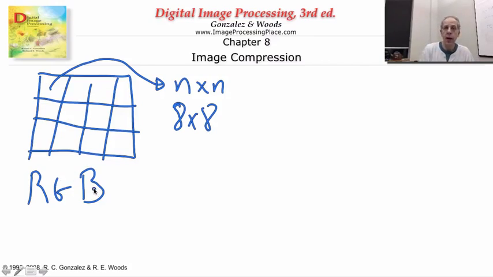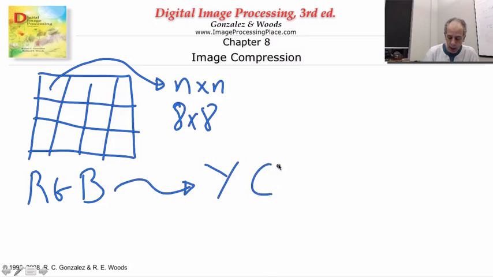You do the same with the green, you do the same with the blue. And that's perfectly legitimate. Now, normally there is a lot of correlation between the channels. So what JPEG does, instead of coding RGB, it goes into what's called YCbCr. I'm going to tell you in a second how to do that.